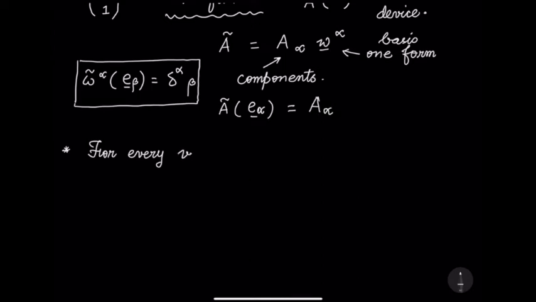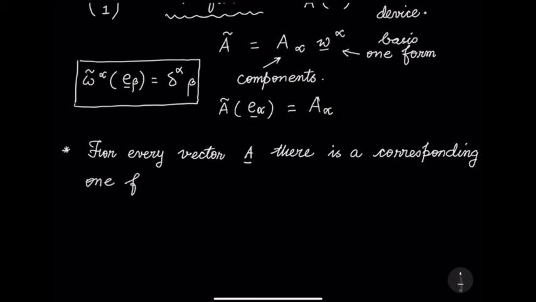But for the case we are dealing with here, for every vector A, there is a corresponding one form. Well, these are just notations.